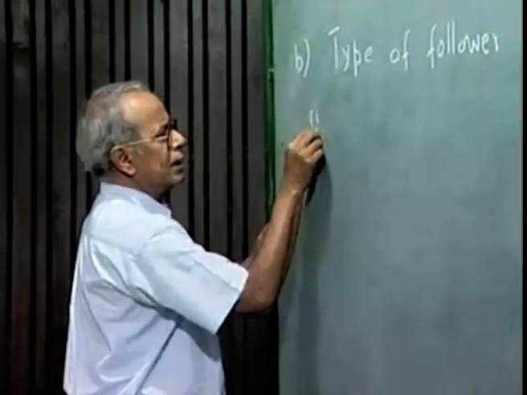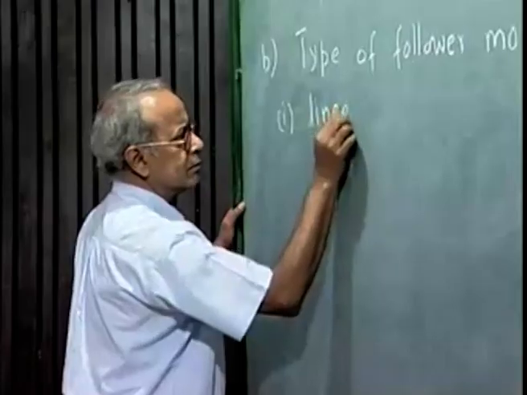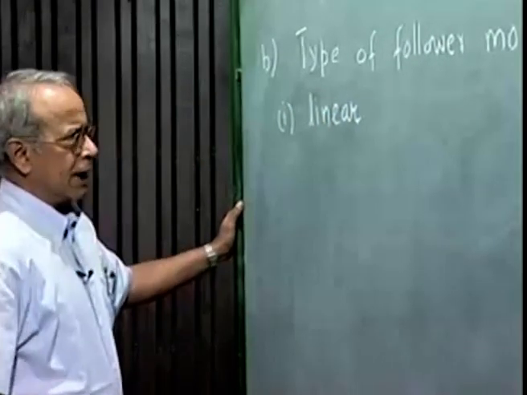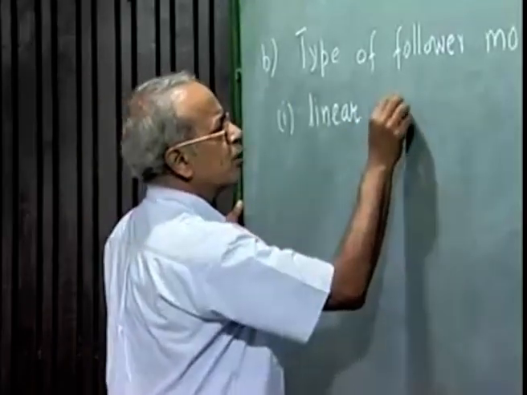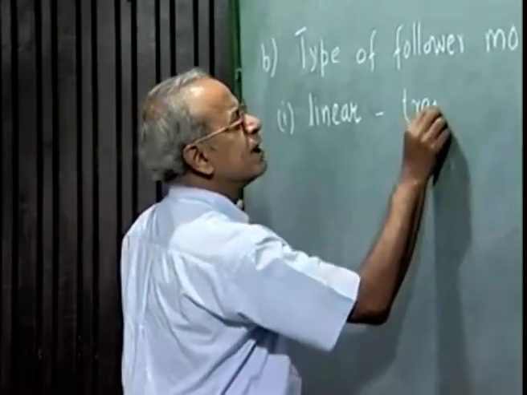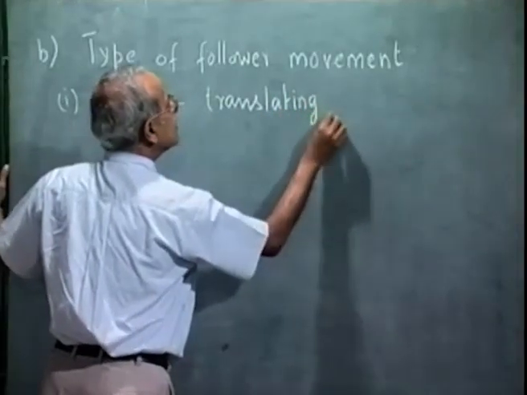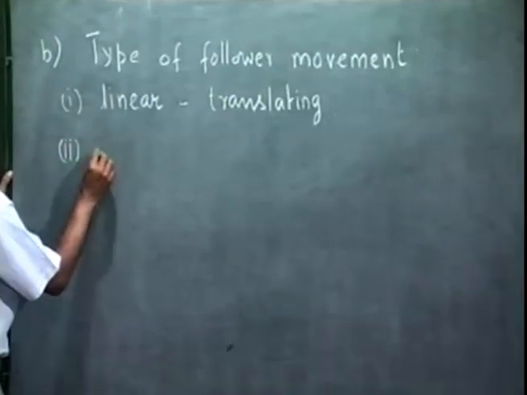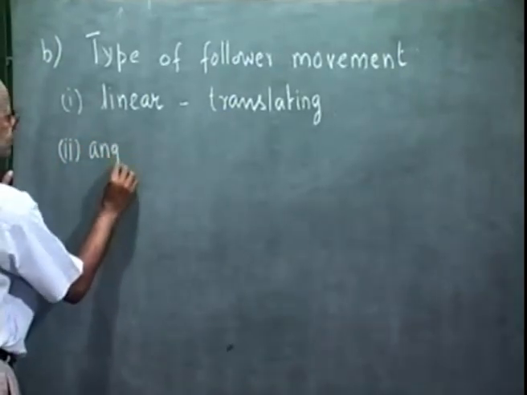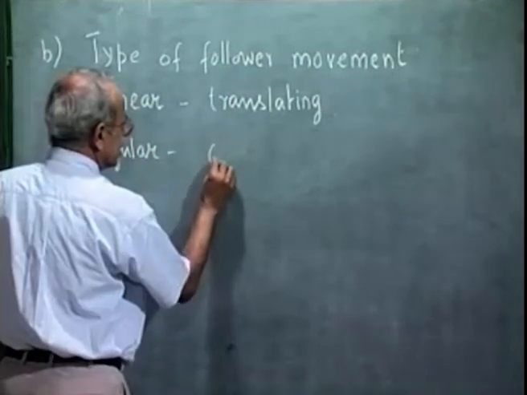If the follower has linear motion, as we have shown in the diagram, then we call it a translating follower, and if the follower has angular motion, then we call it an oscillating follower.